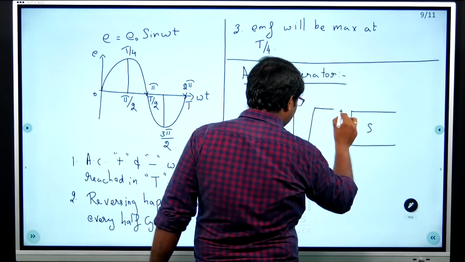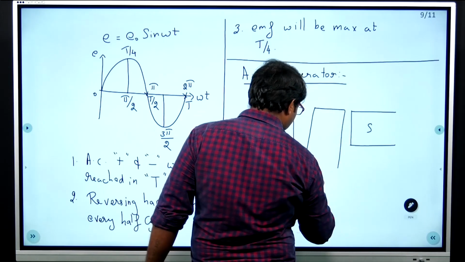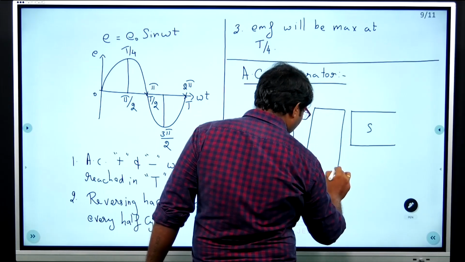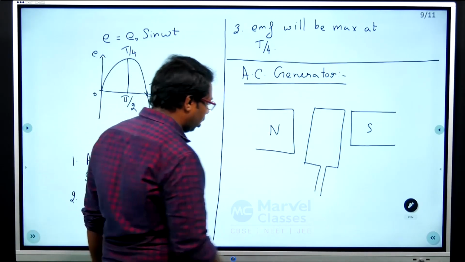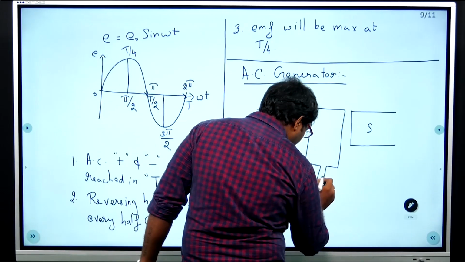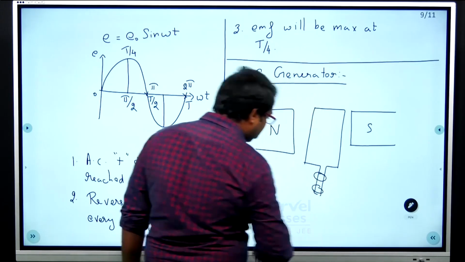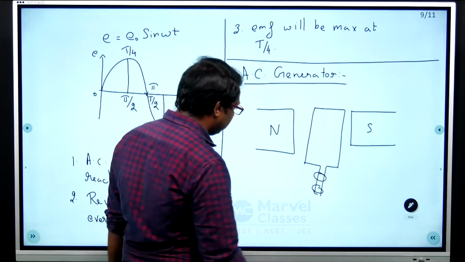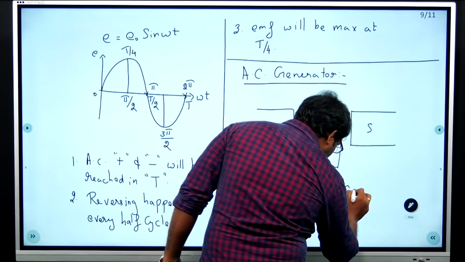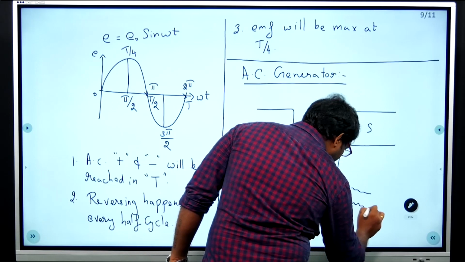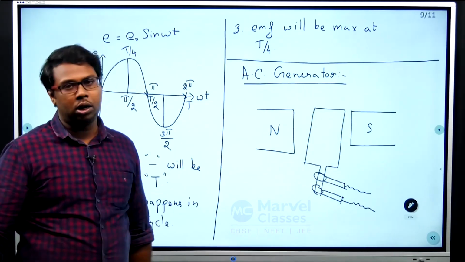In between that I have an armature coil. And here I have two slip rings, and carbon brushes through which I will be drawing my current out.